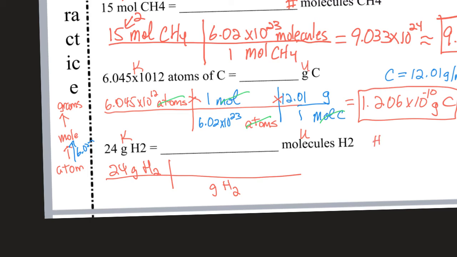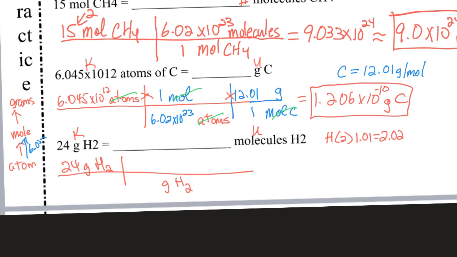So I'm going to come on over here. I've got 2 of them. Each of them is 1.01. Multiply that together, and that's going to be 2.02. So there are 2.02 grams per mole. Grams per 1 mole. So 2.02 grams per 1 mole of H2.